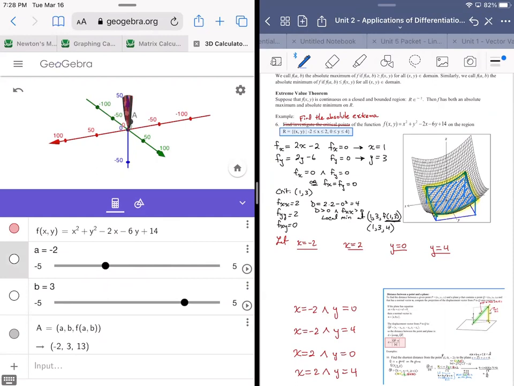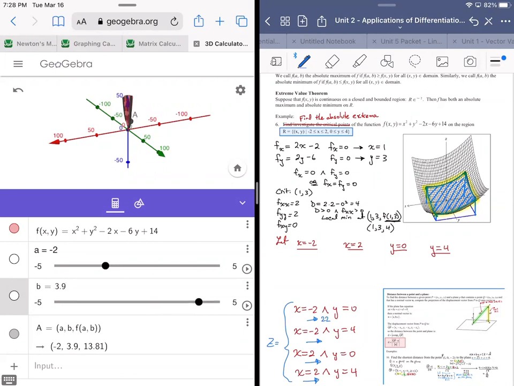So -2, 0. Gives me a 22. -2, 4. I'm really just guessing here because there's really no indication.